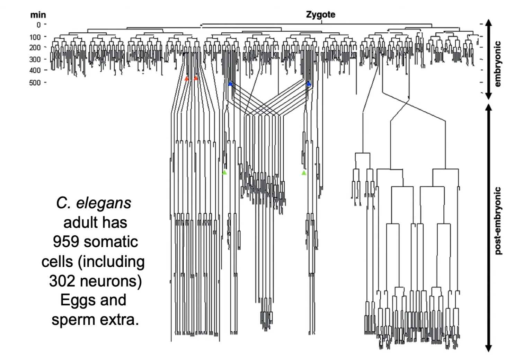So you can see in the end there are 959 somatic cells in the hermaphrodite, including 302 neurons, plus eggs and sperm, which are extra because they're always changing in number. But exactly that number of cells, and a lot of neurons, because they need the neurons to find food, to move things through their gut, and to find a mate and things like that.